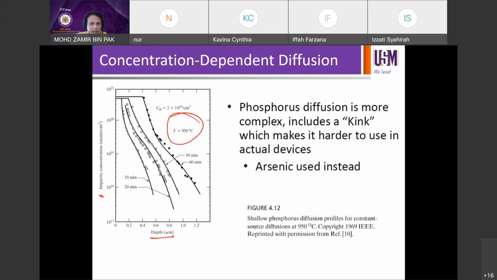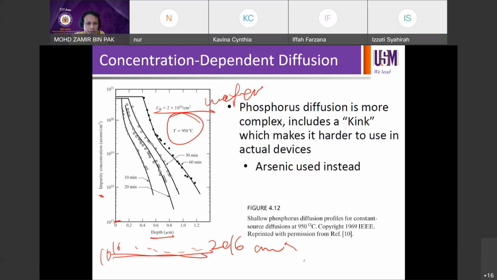If you run background doping at 2 times 10 to the 16 as your wafer doping, it's not reflected on the graph because it's way lower down here. The graph is shown up to 10^17, so 10^16 will be here, then your background doping will be somewhere there, 2E16, for the wafer. You can see the variation if you run the process for 10 minutes. That's how the profile looks.